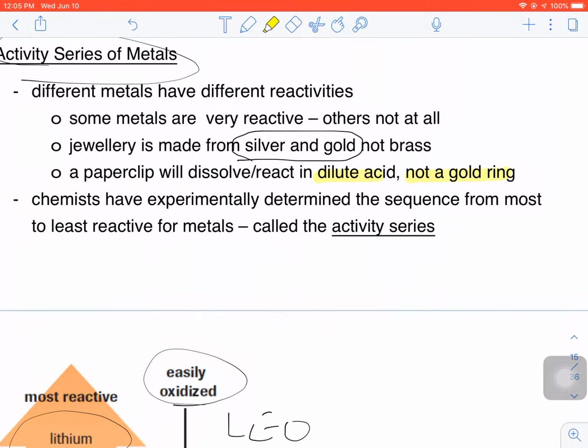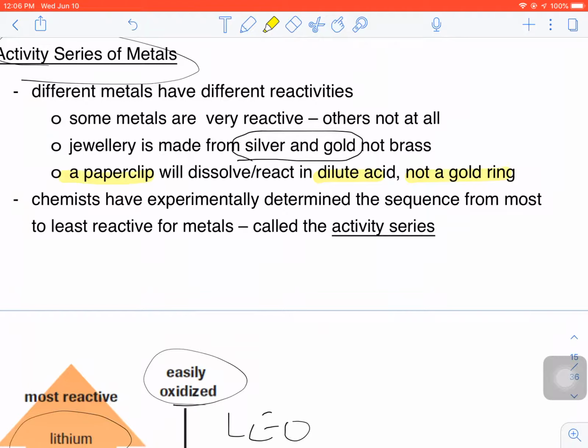But if I drop just a steel paper clip in, the iron that's in there will actually dissolve over time. You come back and you say, where'd my paper clip go? You think, wow, that acid ate my paper clip. That must be a crazy strong acid. Well, vinegar would do it, and it's not that strong, we eat it. What happens is the vinegar will force the iron in the paper clip to undergo oxidation, and ultimately it will turn to iron oxide and it will dissolve.